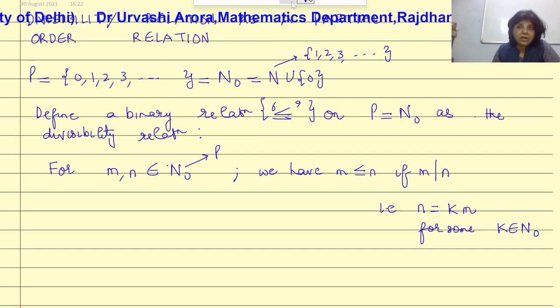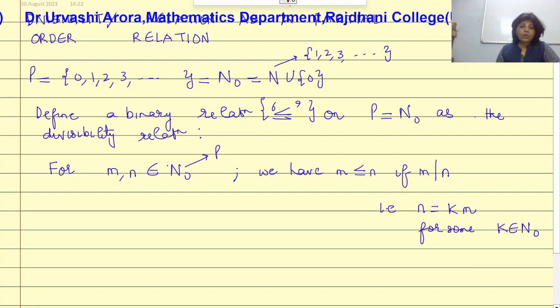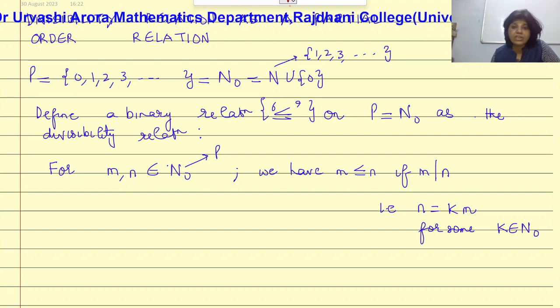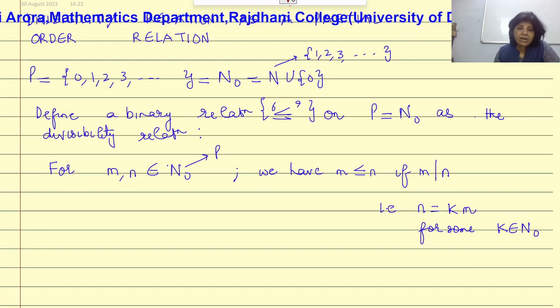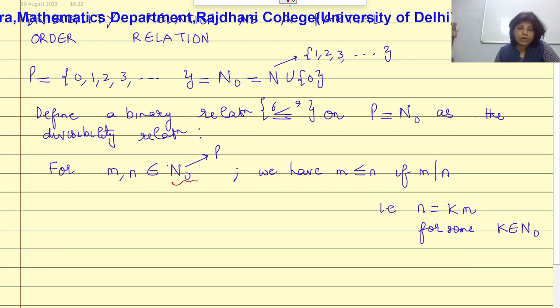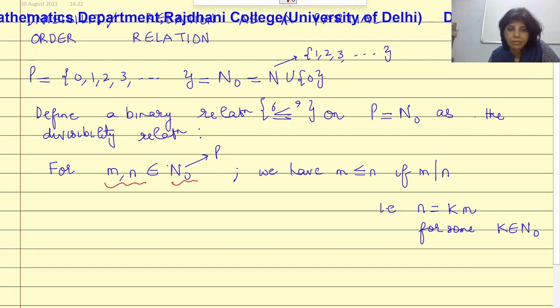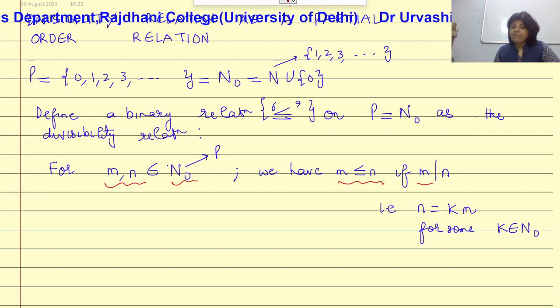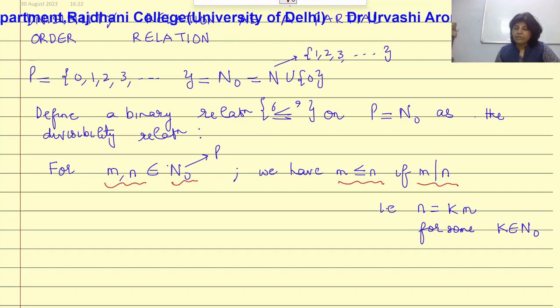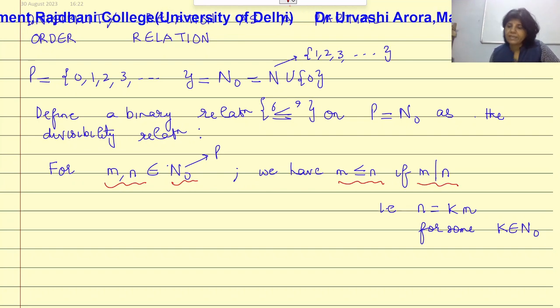Let me repeat the definition of the divisibility relation. Since our underlying set is the set of whole numbers, N naught, I pick up any two whole numbers m and n belonging to N naught, and I say that m is related to n if m divides n. And what do we mean by saying that m divides n?